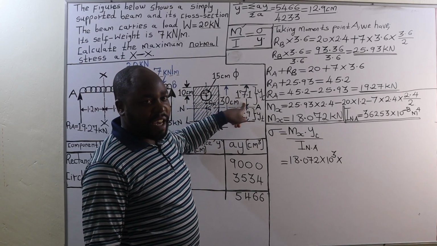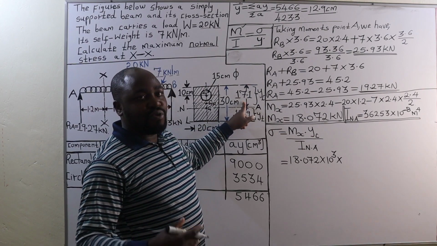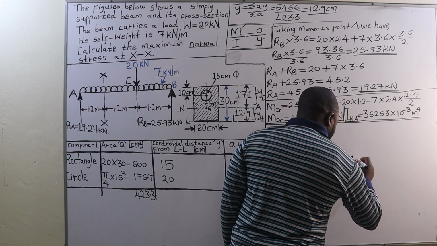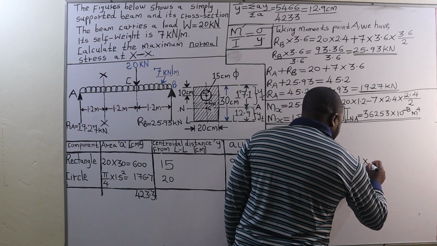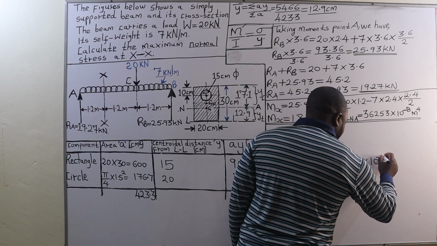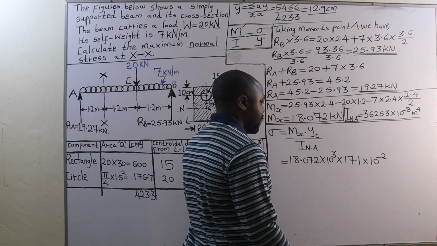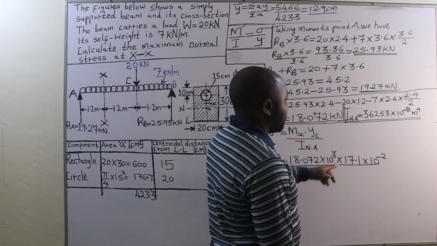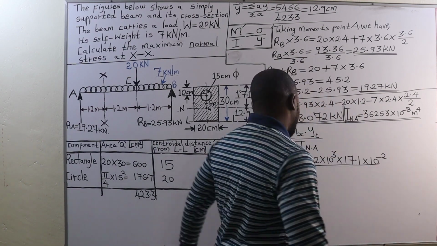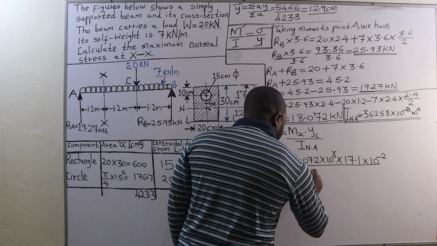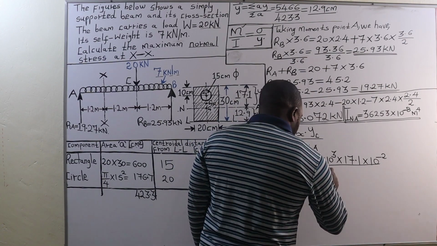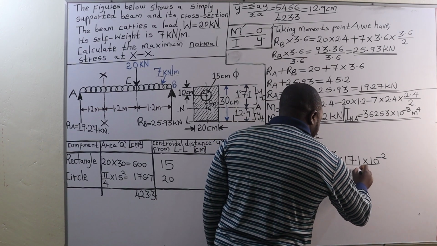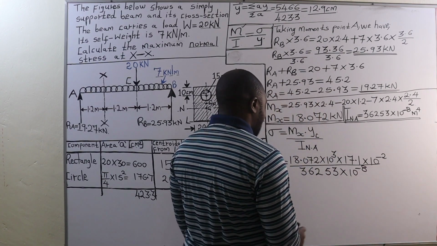We have to convert that 17.1 centimeters to meters, and that is going to be 17.1 divided by 100, or times 10 raised to the power of -2. Then we divide all this by the moment of inertia about the neutral axis, which is 36,253 times 10 raised to the power of -8.